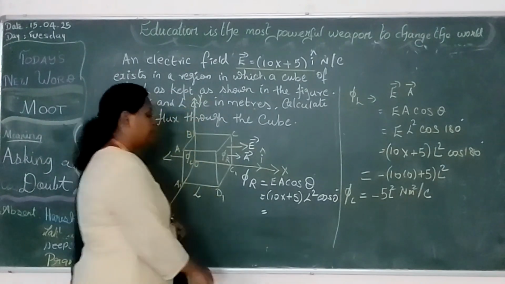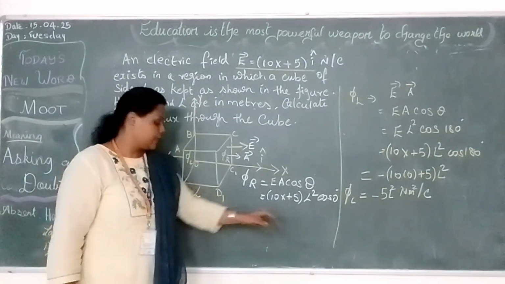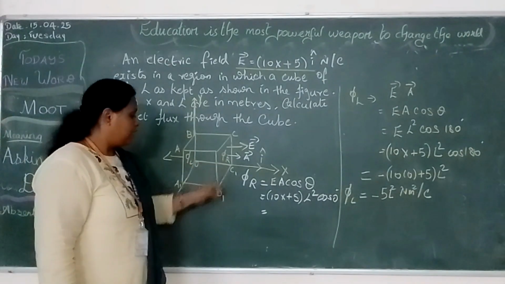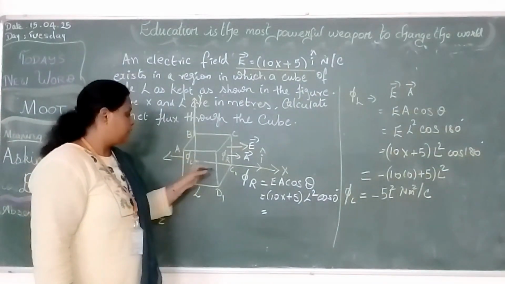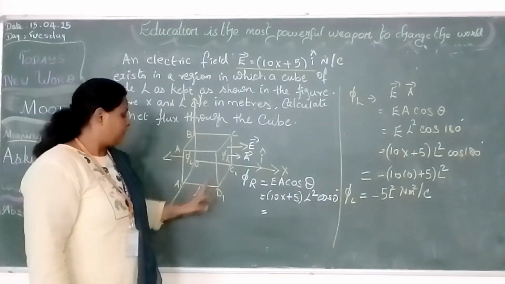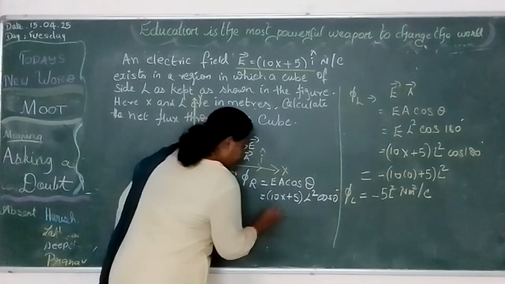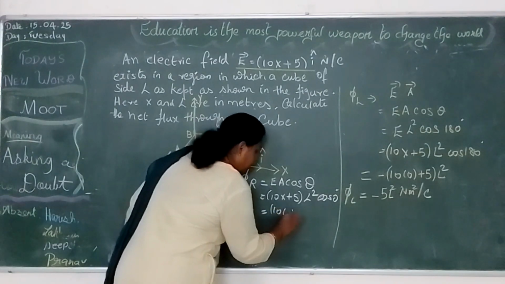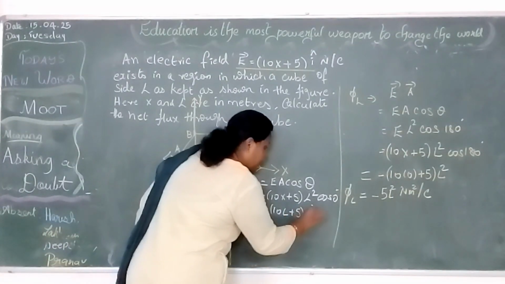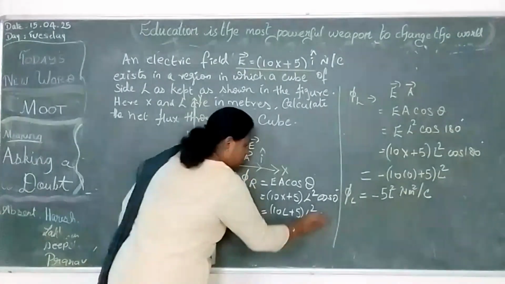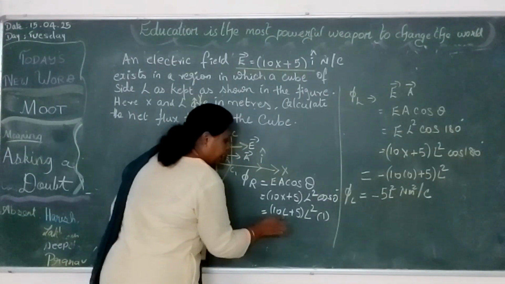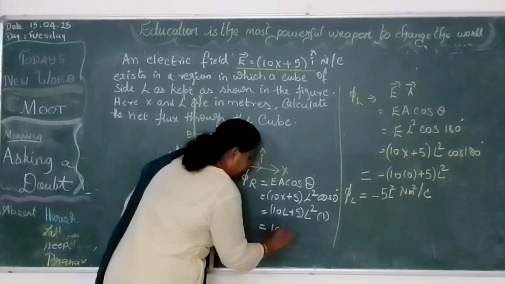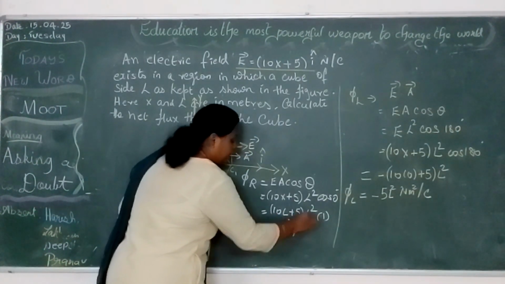The distance from the origin to this face is L. So I write (10L plus 5) into L square, cos 0 degrees is 1. So 10L into L square is 10L cube, plus 5L square.